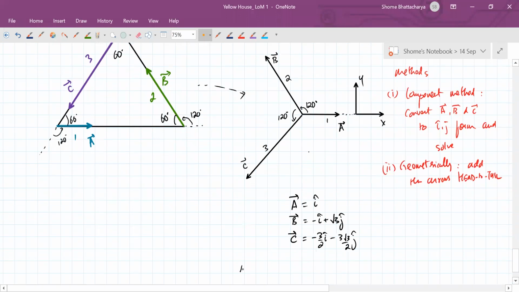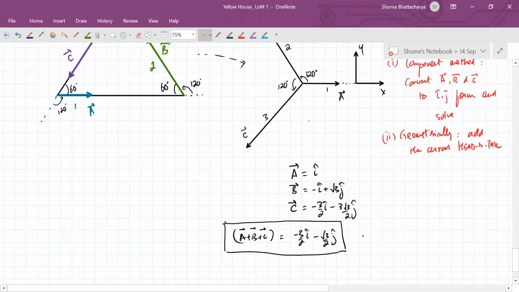So now you can see that A plus B plus C will become minus 3 by 2 i cap, okay, minus root 3 by 2 j cap. मतलब I'm not doing the full calculation, I'm leaving that work for you, but if you do it, you will see like this. Okay.